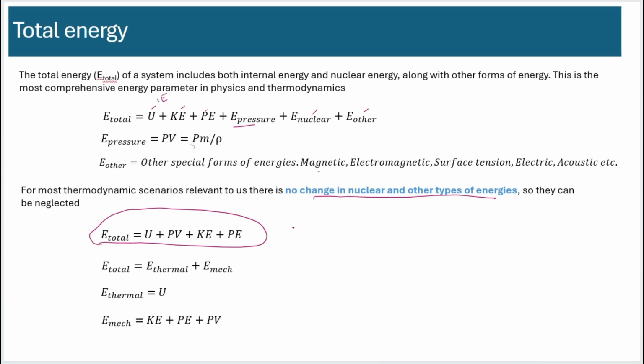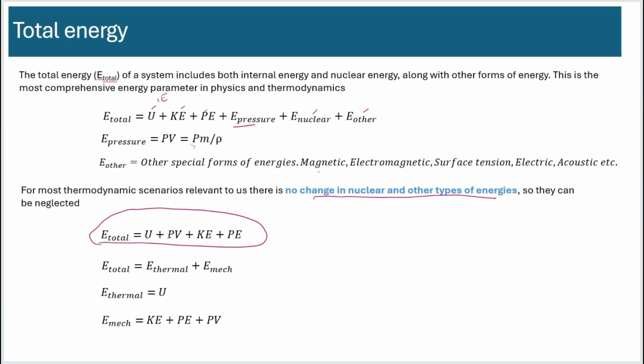Sometimes it's very confusing. If you have to think about energy conservation, should I conserve internal energy? Should I consider conservation of enthalpy? There are a lot of doubts that would happen if you don't fully understand what the actual total energy of the system is in a thermodynamic scenario. So this is the actual total energy.